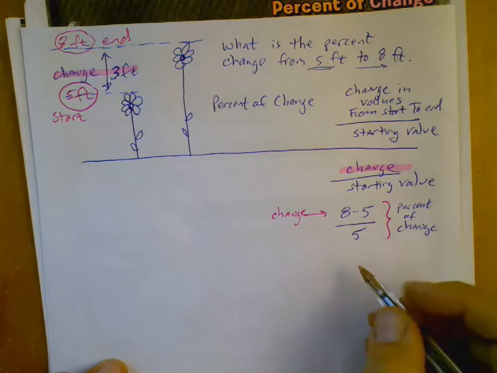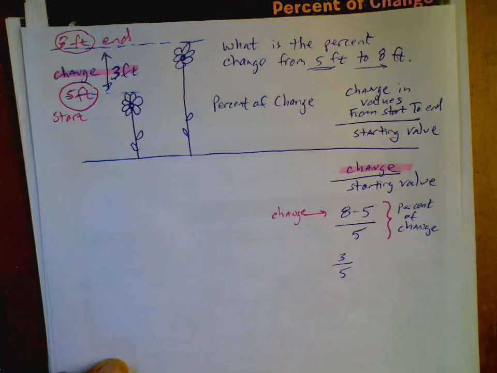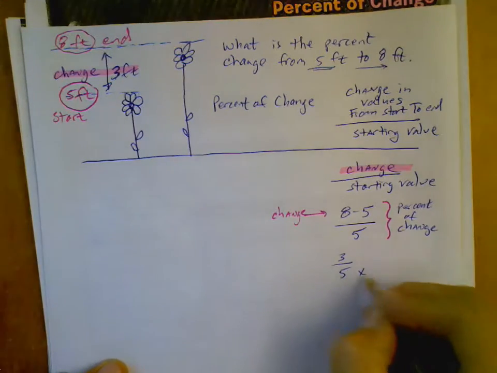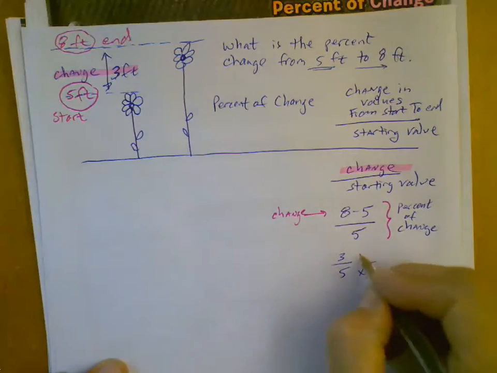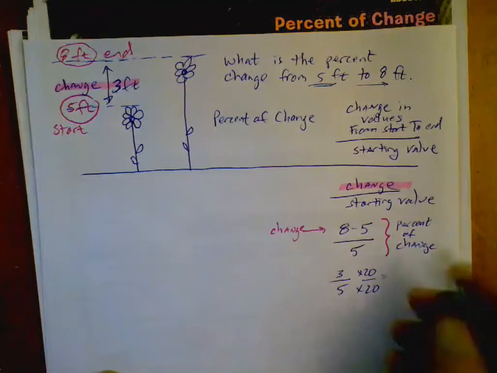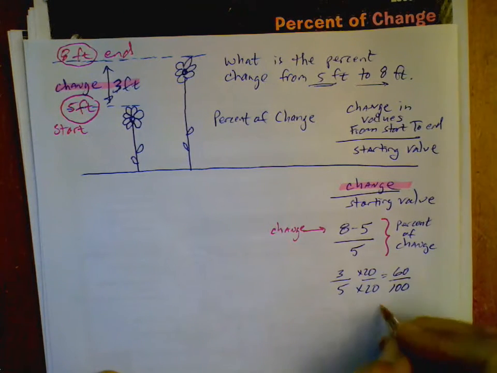Now we can do the calculating. 8 minus 5 is 3 over 5. Now I want to write this as a percent. Conveniently, I can get this to 100 in the denominator, because I know that percent means out of 100. So now I have 60 over 100, or 60%.